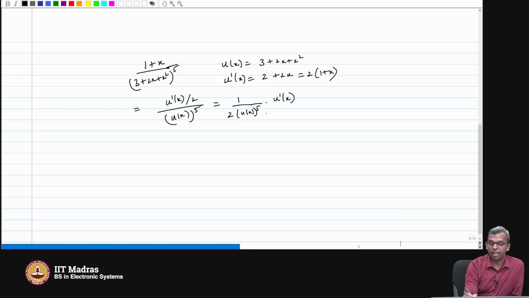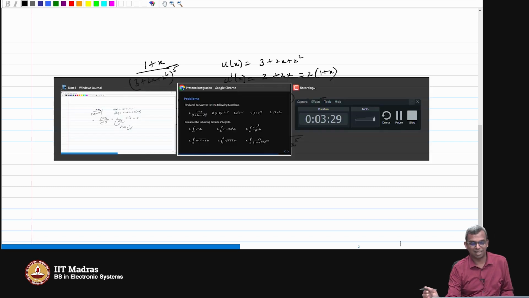So you identify that this is g of, I think v of x being 1 by 2 x power minus 5. So this becomes v prime of x, isn't it?